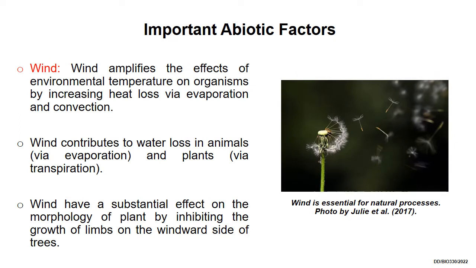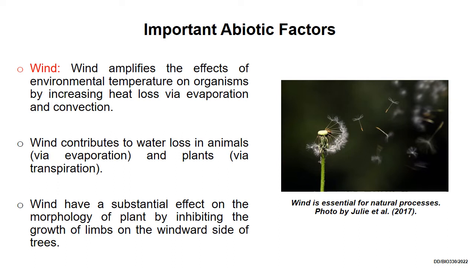Next important abiotic factor, wind. One of the functions of wind is that it is capable of amplifying the effects of environmental temperature on organisms by increasing heat loss via evaporation or convection. The wind also contributes to water loss in animals via evaporation and in plants via the mechanism of transpiration.